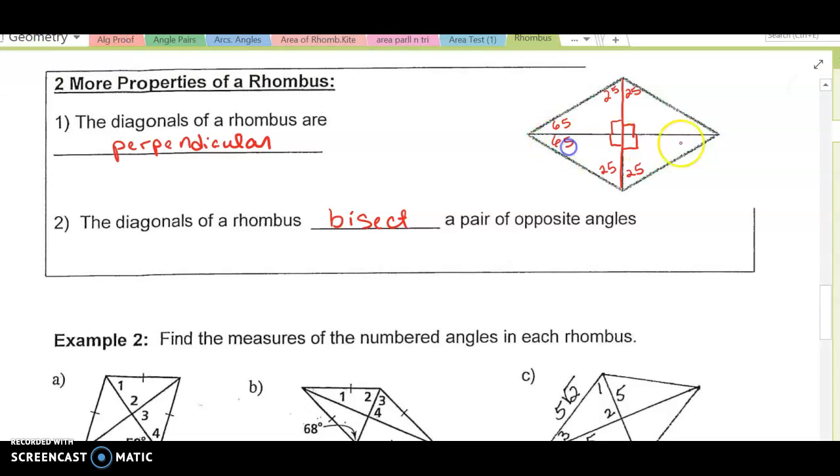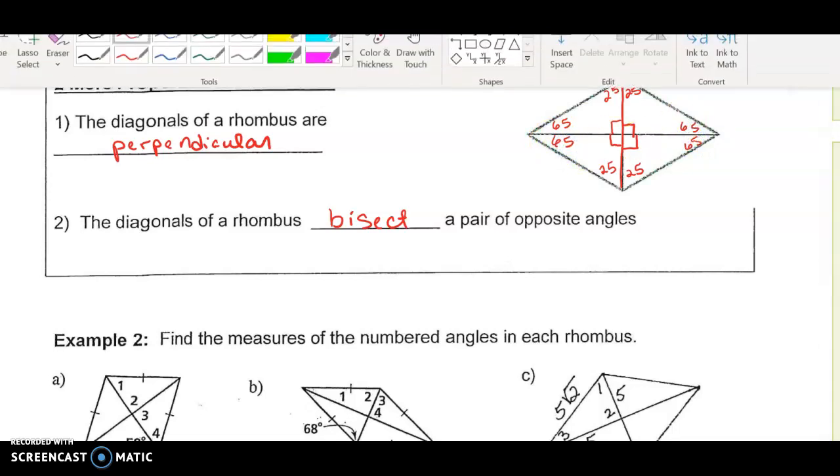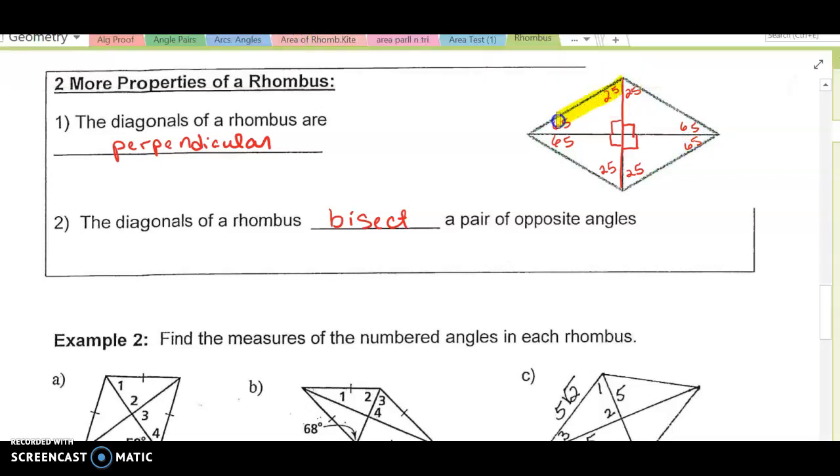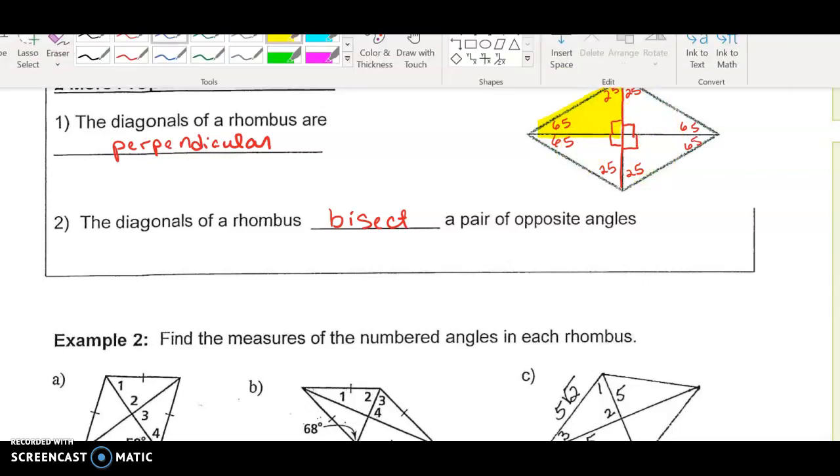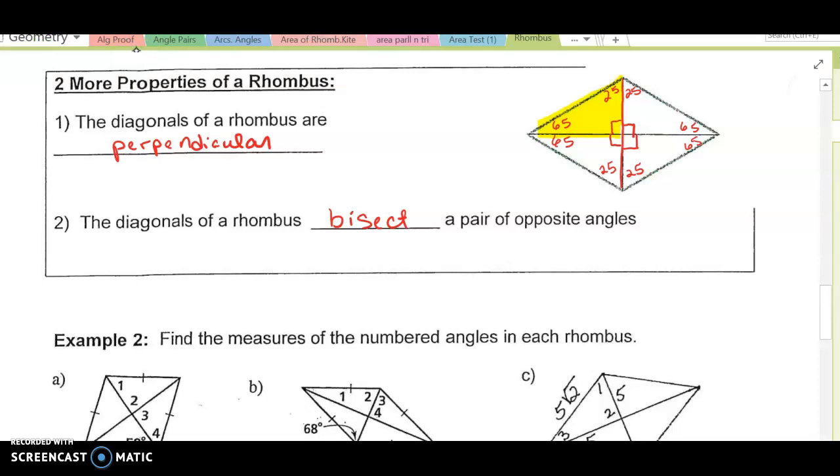So what's kind of cool about a rhombus is you can think of it as just four right congruent triangles. This yellow one, there's four of these little guys, and they all have the same angles. So there are four right congruent triangles in a rhombus.